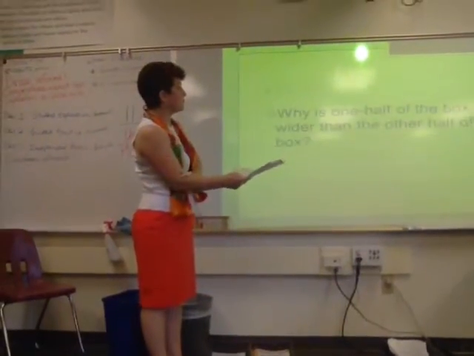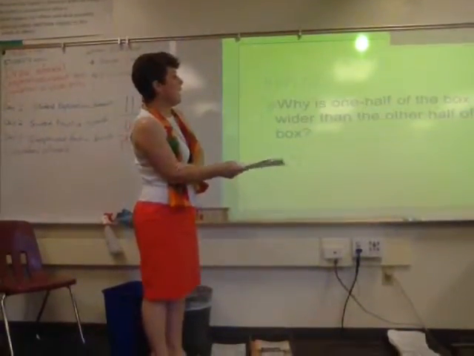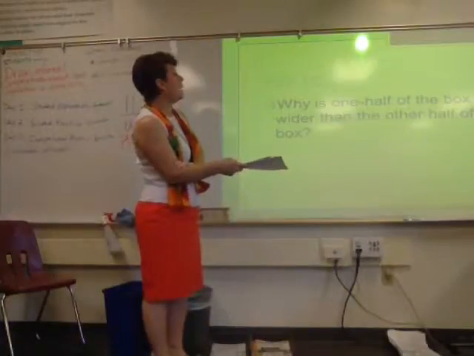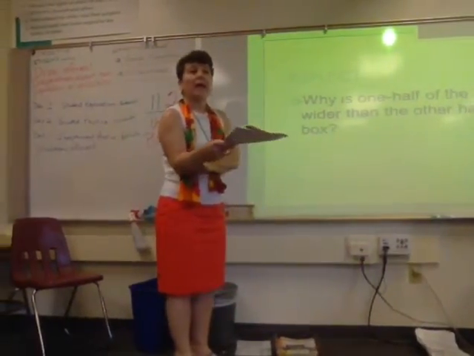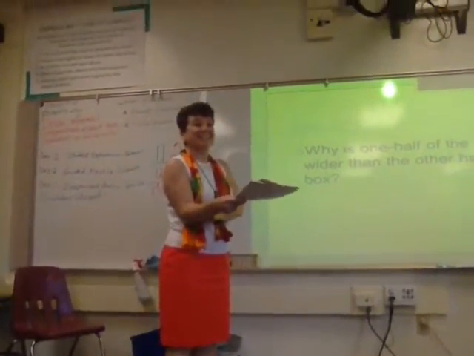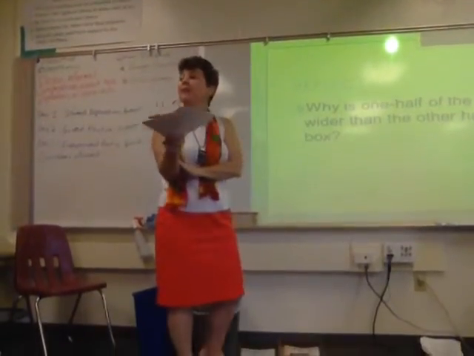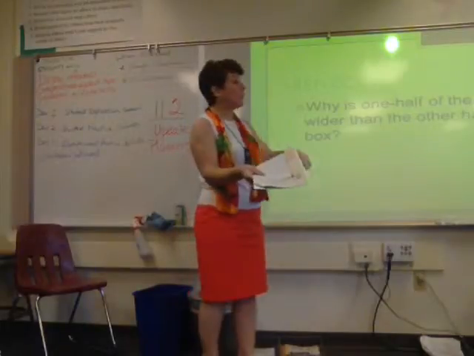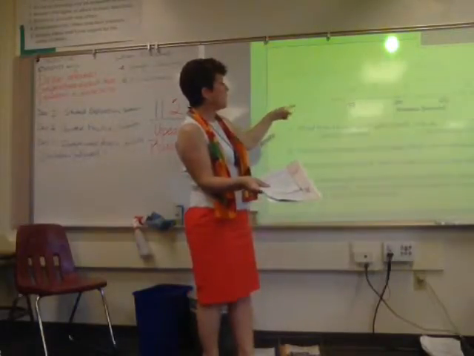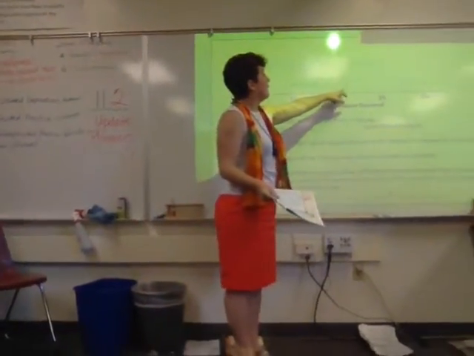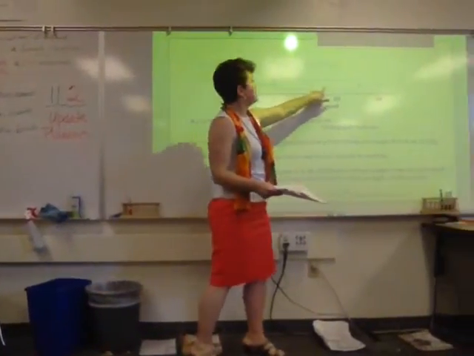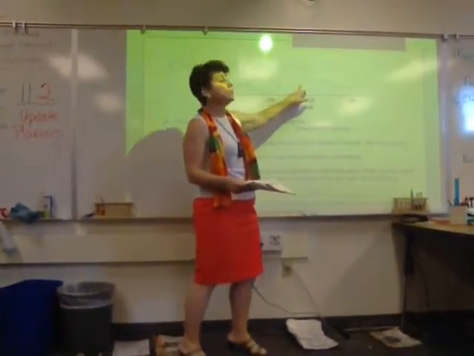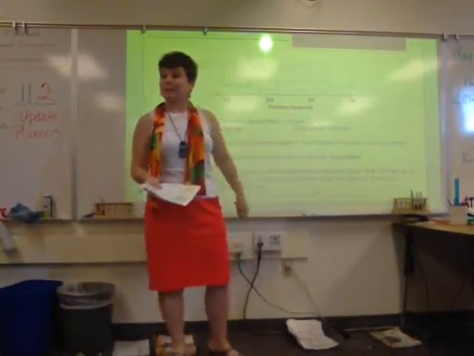Why is one half of the box wider than the other half of the box? And this comes from creating the box plots. We know that this is wider because the data is more spread out.